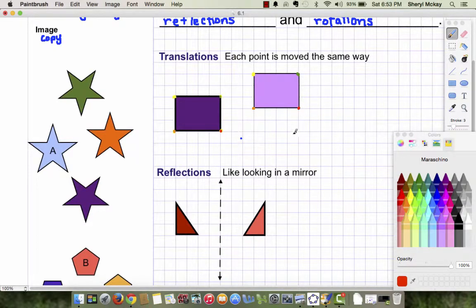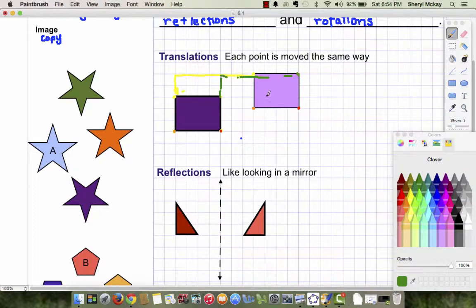And you can see that each point corresponds and does the exact same amount. We go up 2 and over 7, and then the green one is up 2 and over 7. You get the idea, right? The orange one up 2 over 7. Each one's up 2 over 7.